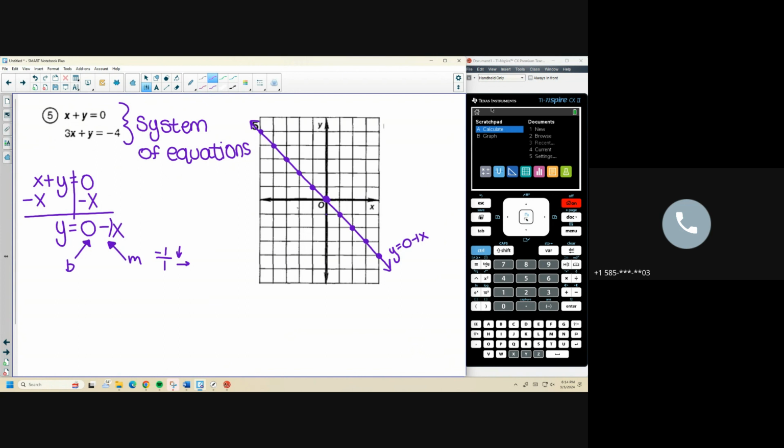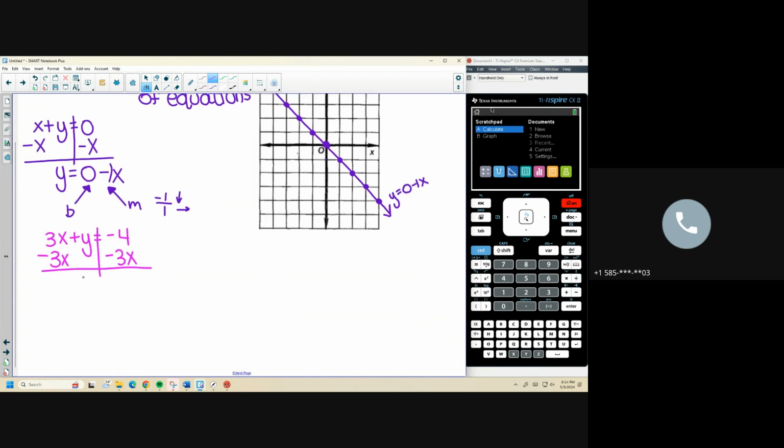The second equation I have is 3x plus y equals -4. Once again, if I want to graph this using slope and y-intercept, I need to get it into y equals mx plus b form. This requires me to get y alone. I'm going to move the 3x by subtracting it from both sides.